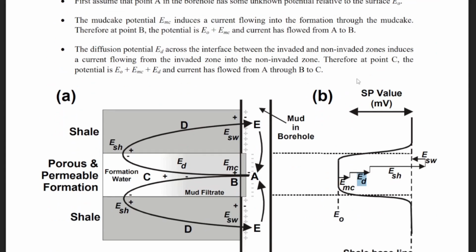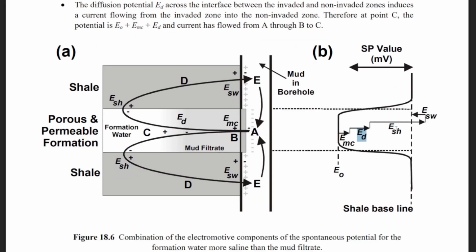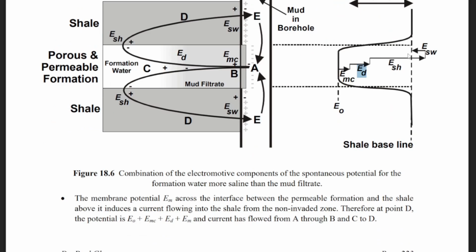Those are the components of the curve, and that is the explanation of why we have this huge deflection to the left, which again indicates to us that there is a permeability change or lithology change.